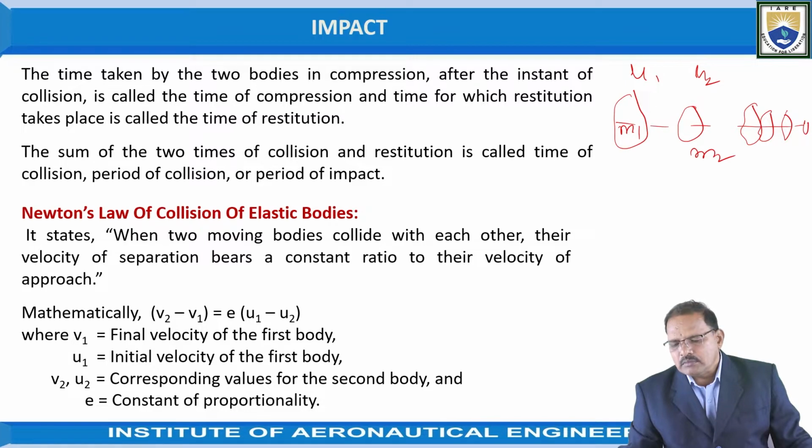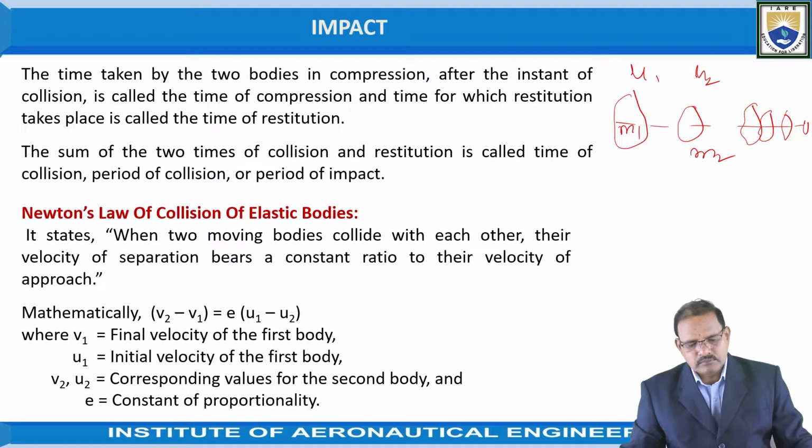The amount of time taken by the two bodies to regain their original shape is called time of restitution. The sum of the time of compression and the time of restitution is called time of collision. Sometimes it is also called period of collision, and sometimes period of impact.